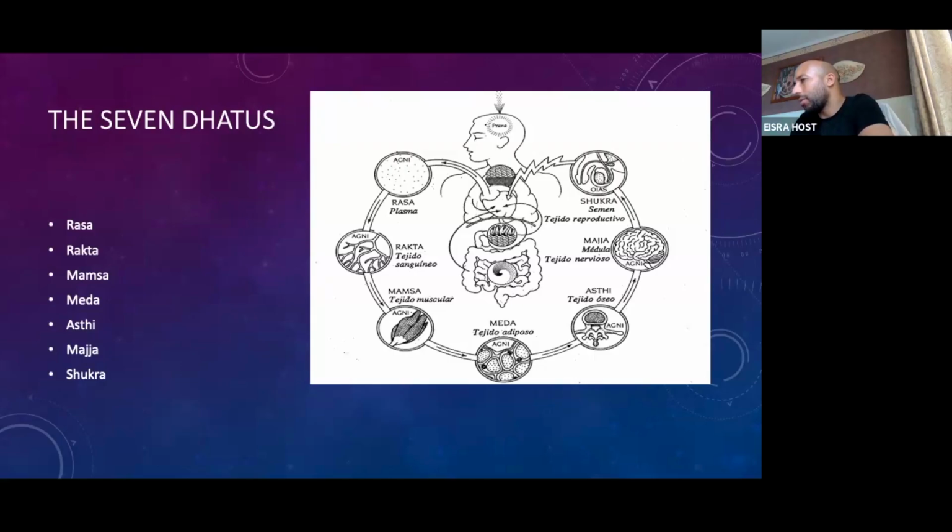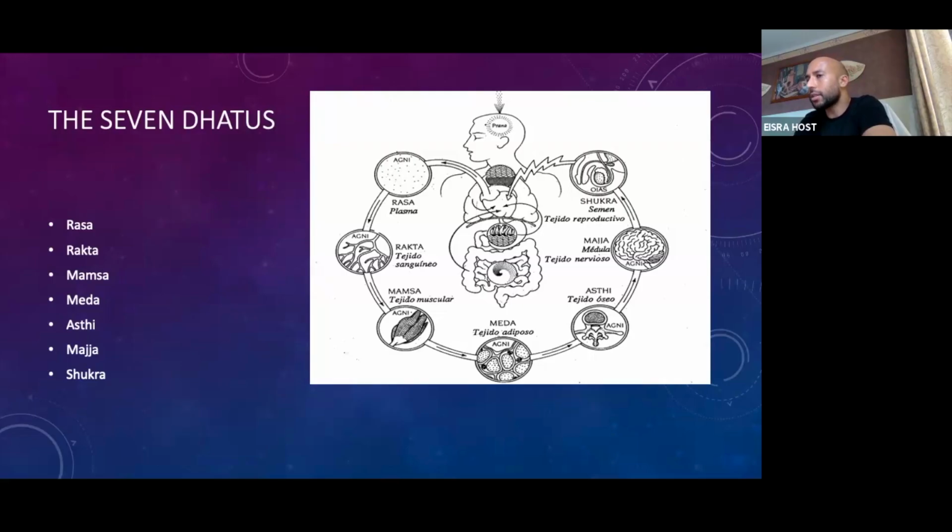So it is paramount to ensure that rasa dhatu is formed properly, because only then can we ensure that all other bodily tissues are formed properly as well.